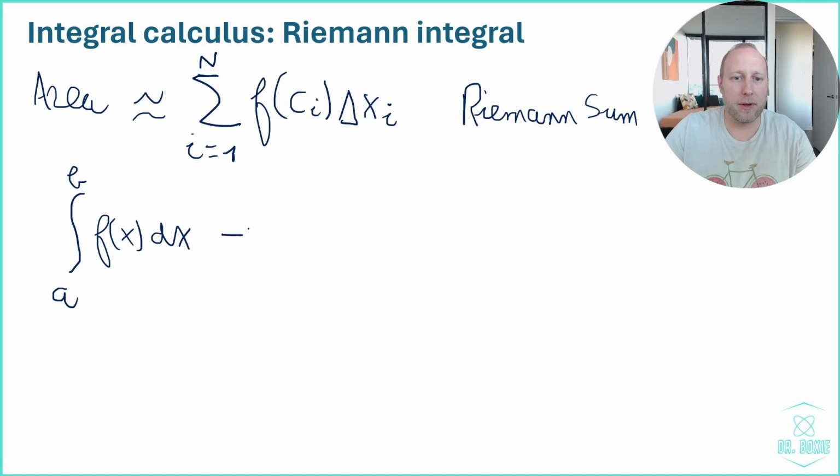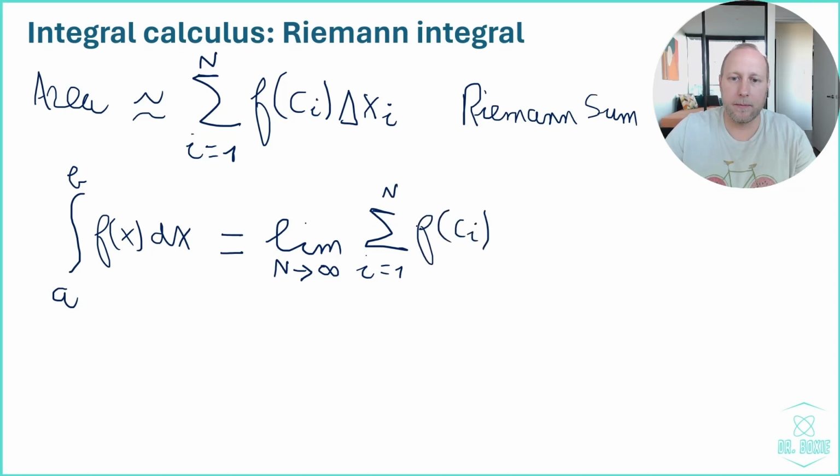The definition for this is the limit of n going to infinity of those Riemann sums, so of the sum for i equals 1 to n of f of ci delta xi.